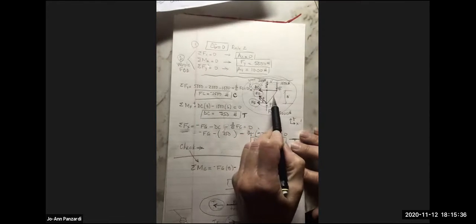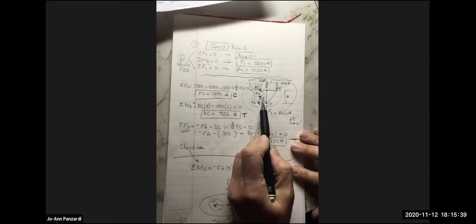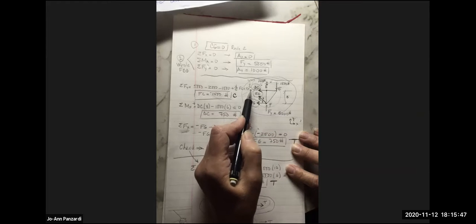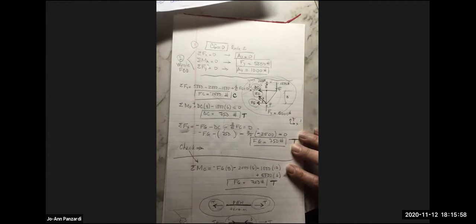When I pick a point to find a moment about, I could have picked point A if I wanted, and I could totally ignore all this because I'm only looking at static equilibrium for the right side. So right now, there are 1, 2, 3, 4, 5, 6 members that are in static equilibrium. And when I choose point C, I'm still only choosing that point for this that's in static equilibrium. So I'm not going to throw in another member.